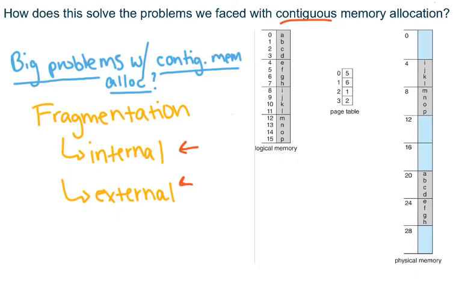So internal fragmentation is out of the way because we just have these frames and these pages, and the size of the frames is equivalent to the size of the pages. So you're never going to have any internal fragmentation where you're going to have wasted space within a frame or a page. And external fragmentation, since we're working in these known units of space, we're not going to have that either. At the most, we're going to have something come in and it's just going to need a frame.